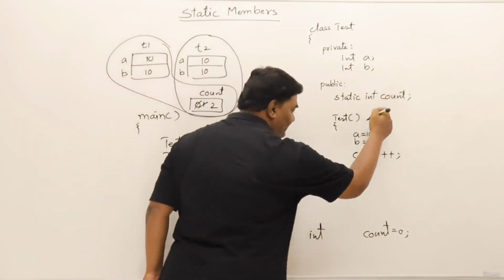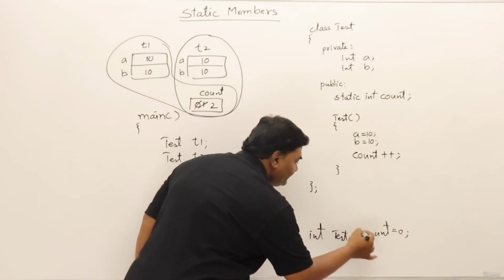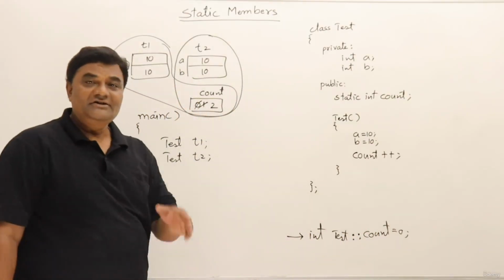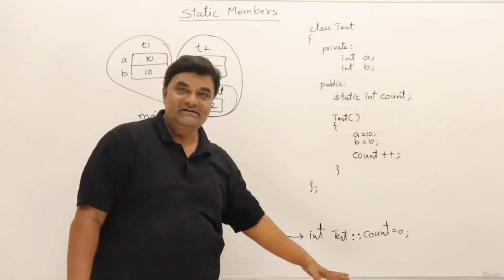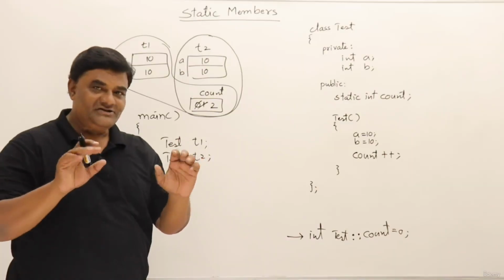We are referring to this one, so we say Test scope resolution. This is the important statement. When you declare static members inside a class, that data member must be declared outside the class again, using scope resolution.